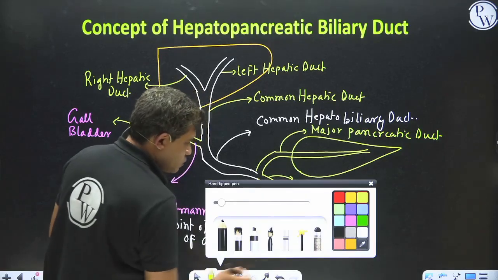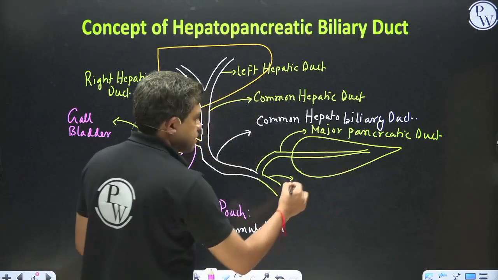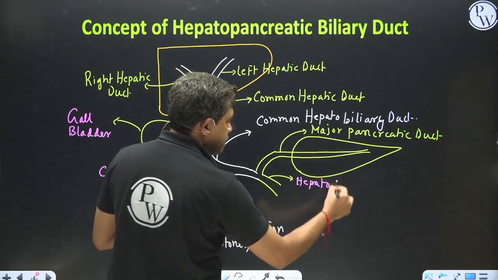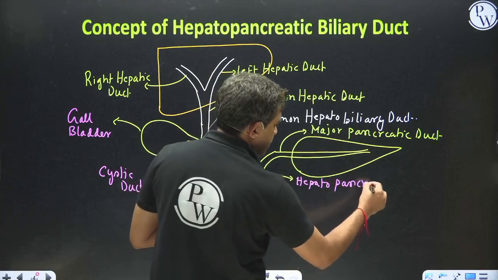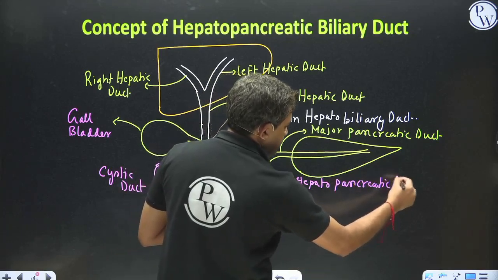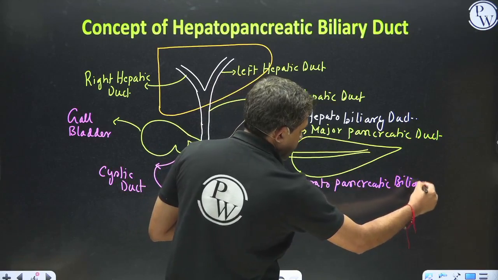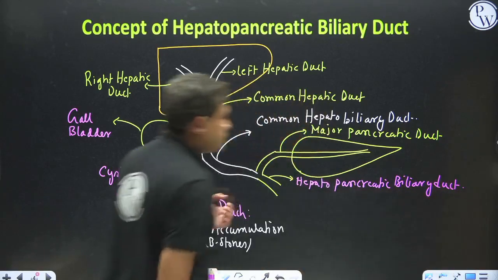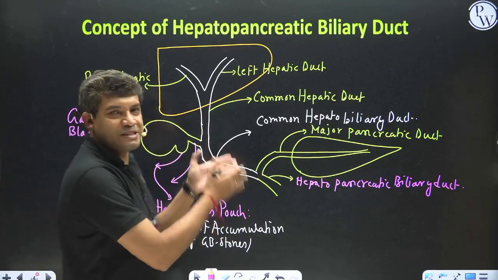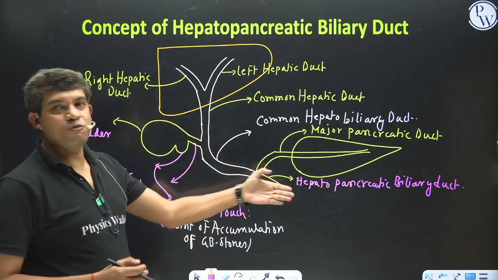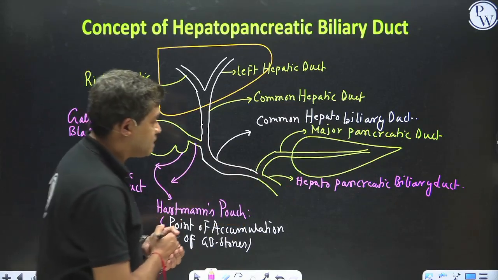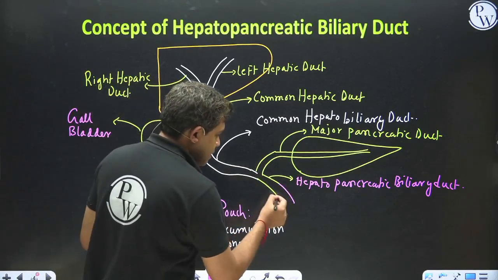So now it is termed the hepatopancreatic biliary duct. Since it is associated with the liver and since it is associated with the pancreas, that is why we say it forms the hepatopancreatic biliary duct, which opens into where?